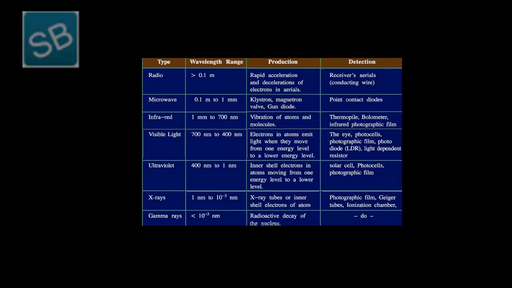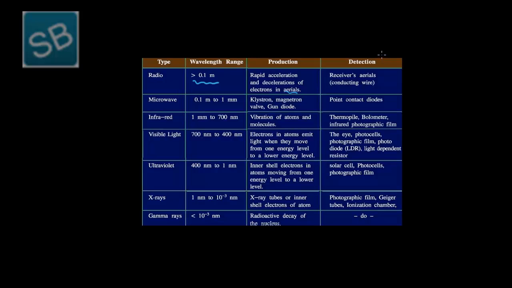And now we will see the table for different types of electromagnetic waves, which is given here. First of all, the types are given. The radio wave is first, having a wavelength range greater than 0.1 meter, which we have seen earlier. The production takes place by rapid acceleration and deceleration of electrons in aerials.